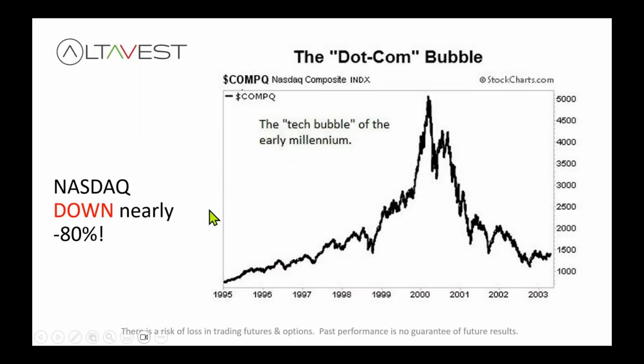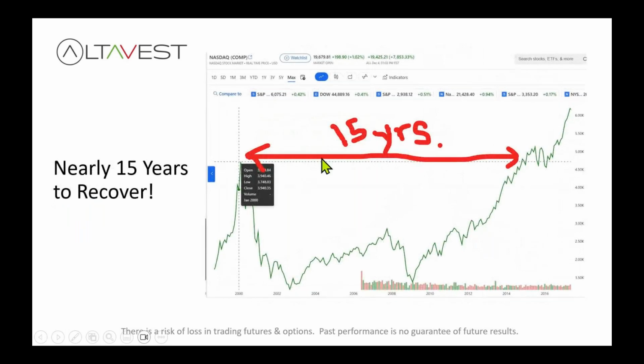Who remembers the tech bubble? If you were unfortunate, well, the NASDAQ dropped 80%. I mean, isn't that crazy to think? And now, of course, it came back, but it took 15 years. If you were unfortunate enough to buy at the highs in early 2000, it took 15 years to recover to where it fell from.